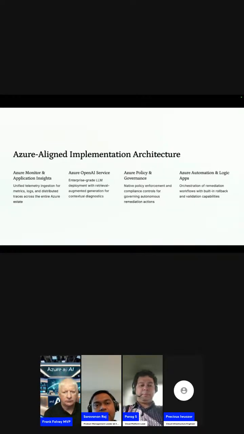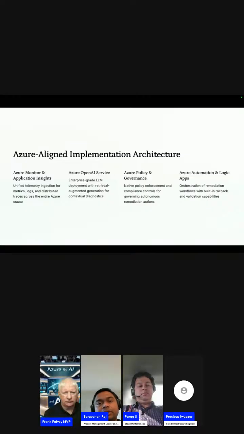And so here is an Azure-aligned implementation architecture. You absolutely need Azure Monitor and Application Insights. That is the input into the system. It provides unified telemetry for any of the metrics, logs, and traces that your Azure architecture may have.